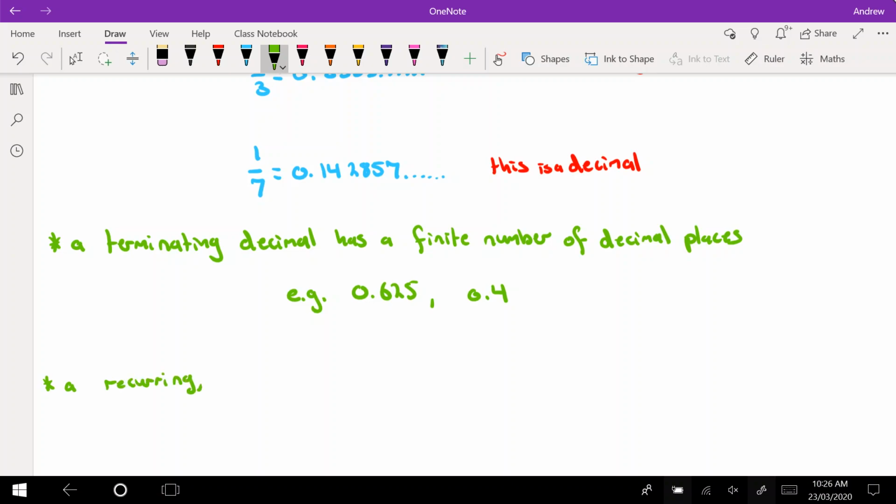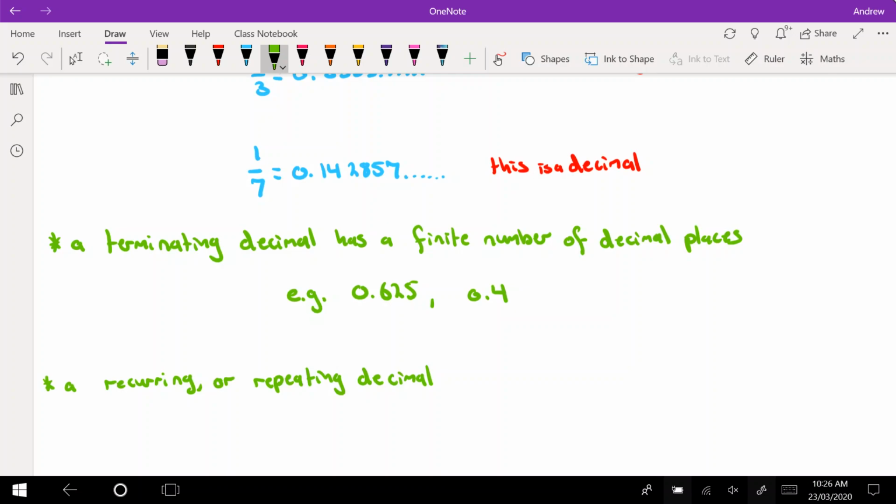A recurring or repeating decimal, the proper word is recurring, but you could also have it referenced as a repeating decimal because that kind of explains it a bit better. It repeats itself.